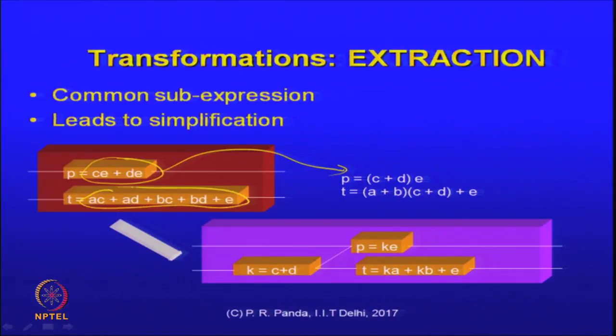A bigger expression like that could be realized in terms of some factors like that, then you can identify that these two factors are actually the same sub-expression, and therefore I could restructure my graph to have the C plus D computation first, introduce a new C plus D node, but that output could be used to generate P by a product with E and a different function T that also uses K.